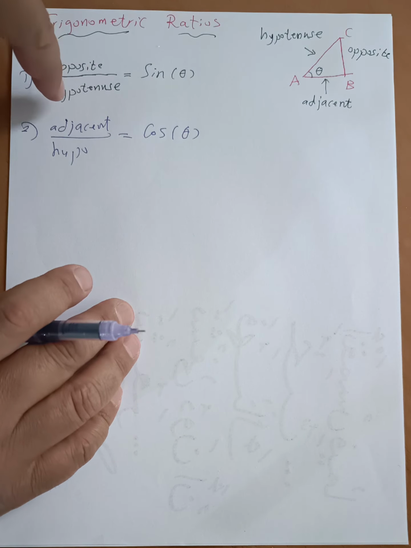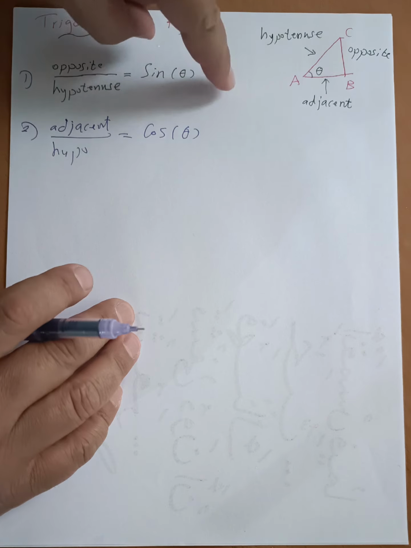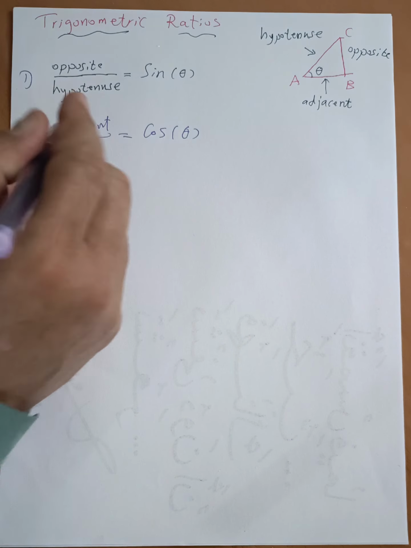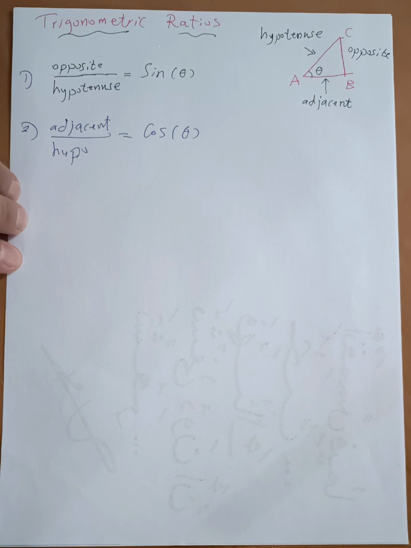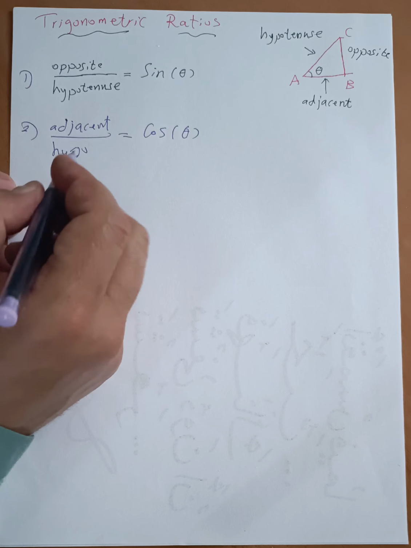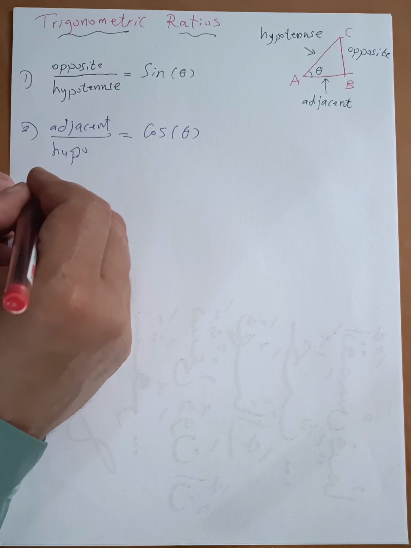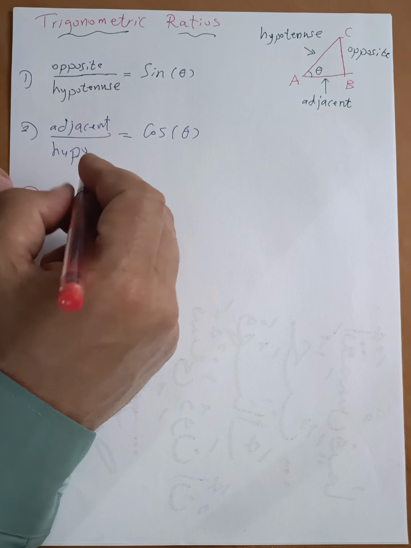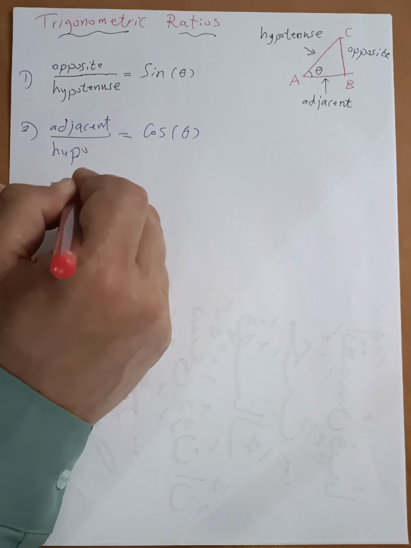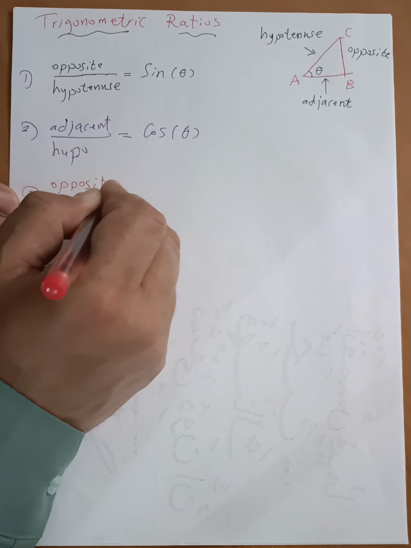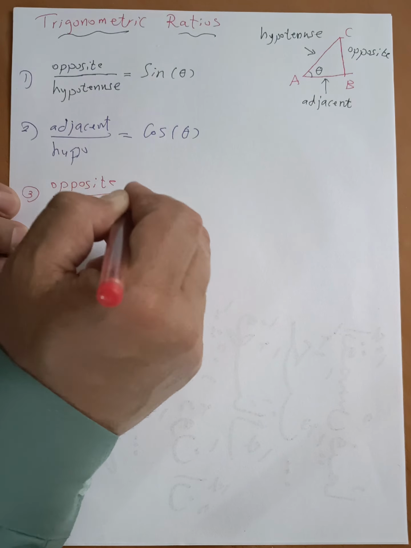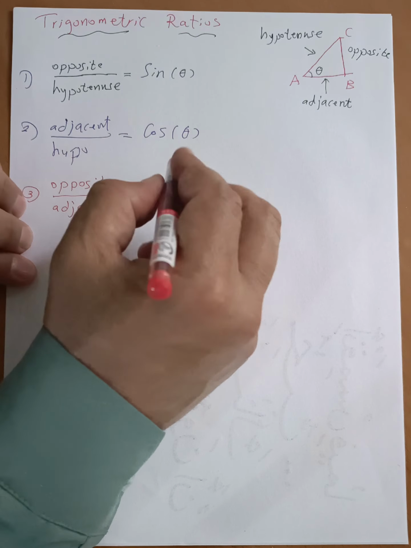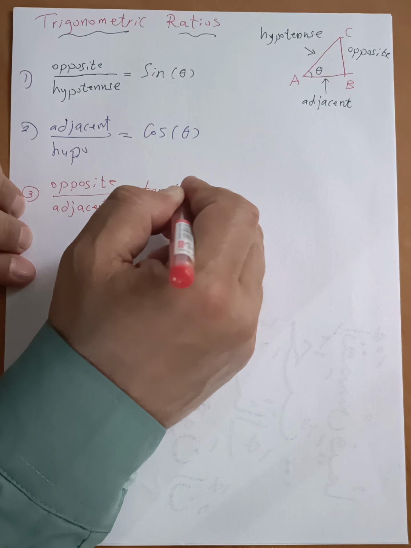If I divide the adjacent side by the hypotenuse, I will get a ratio I call cosine of theta. Now I have this third ratio. If I divide the opposite side by the adjacent, I will get another ratio. I call it tan of theta.